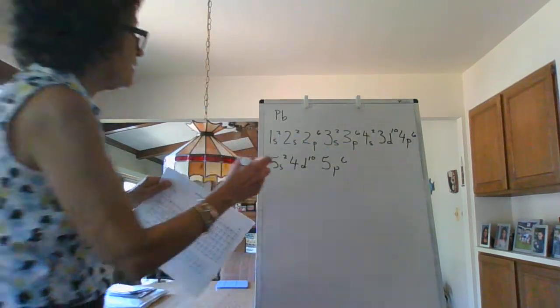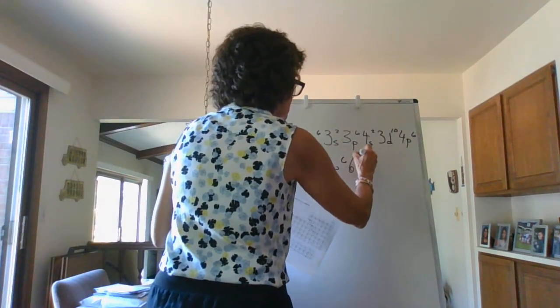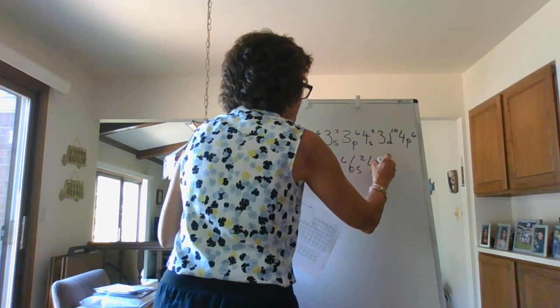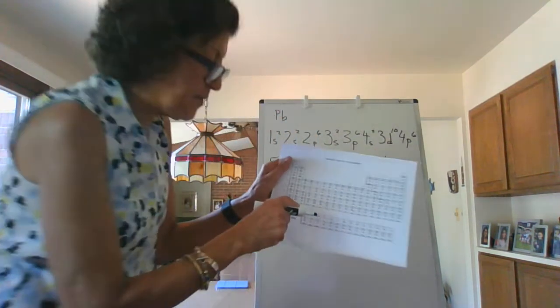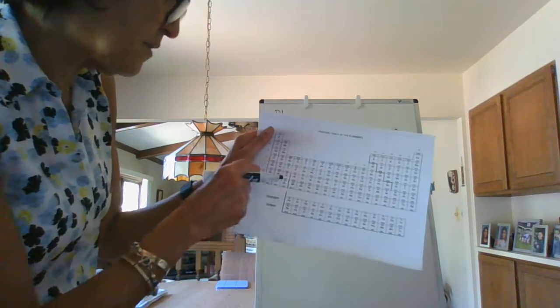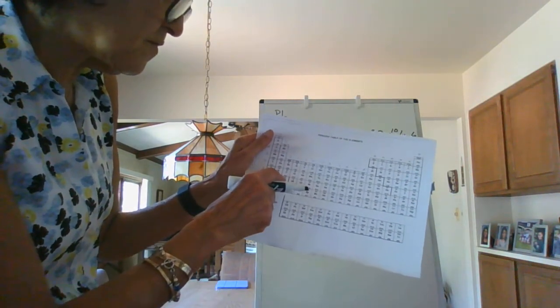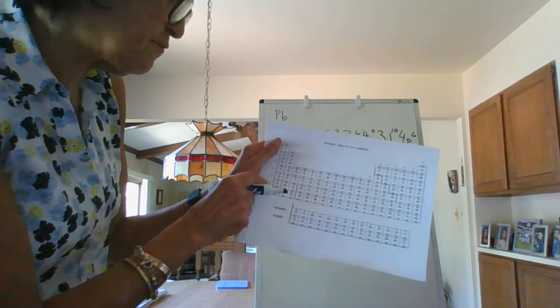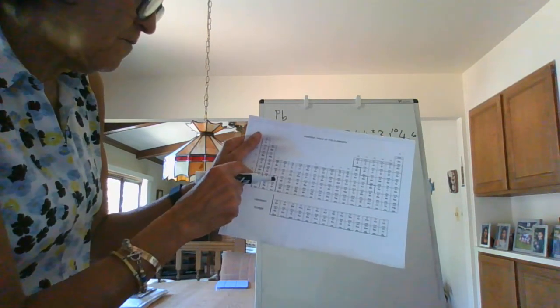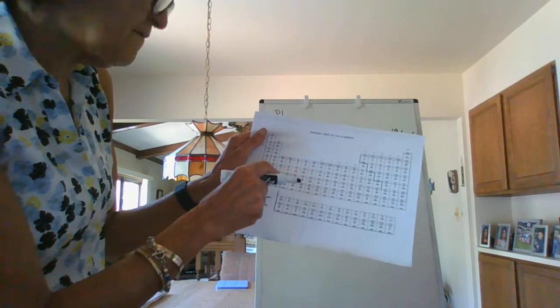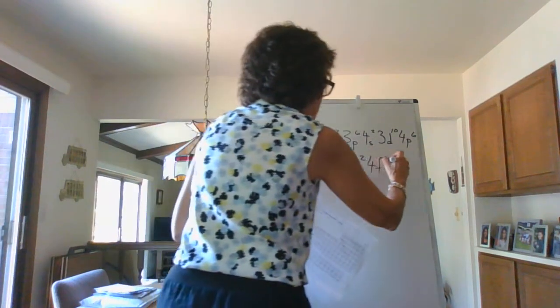So I'm going to write 6s2, and then 4f14, because I'm picking all these guys up, and then I'm coming back up and getting the D zone that is off of period 6. So that's 6 minus 1, which would be 5. So that would be 5d10.